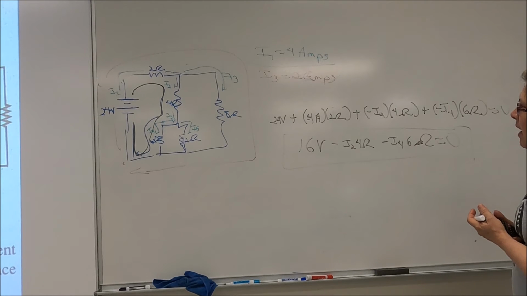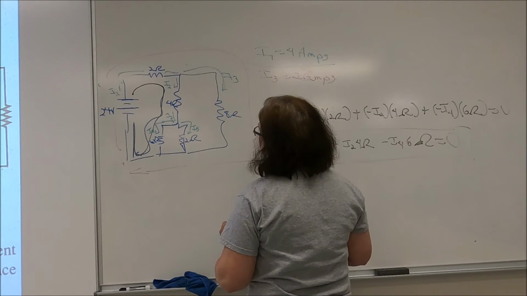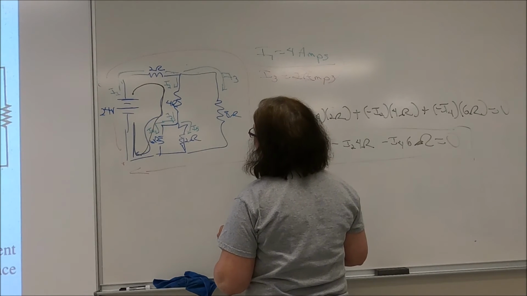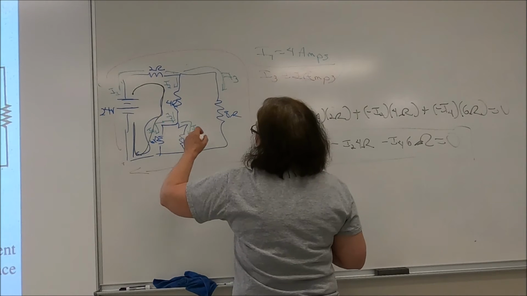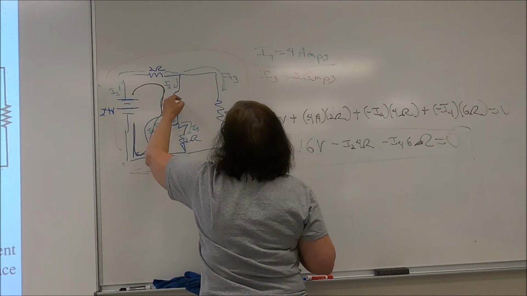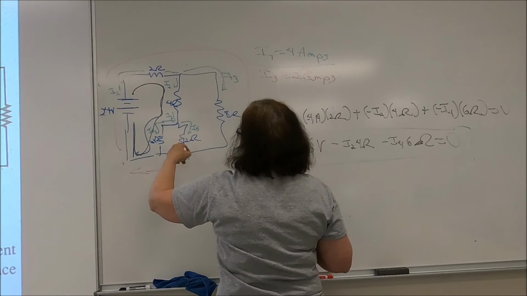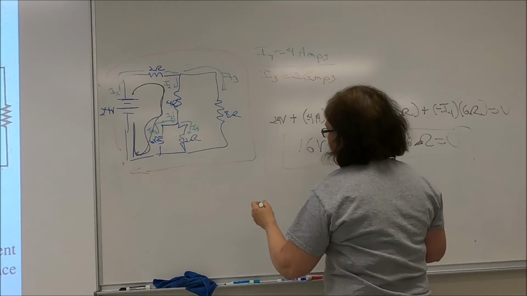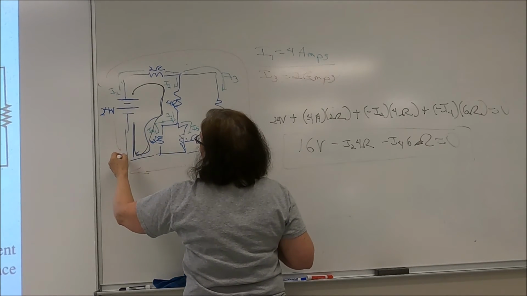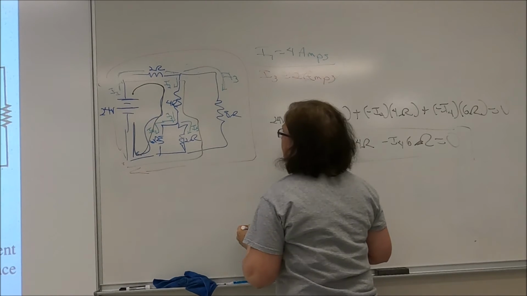Okay, and then let's see, another loop that I could make would be, I can take a loop through here. That's going to add another variable, and then I need a third loop. So I'm going to take a loop and go this direction.